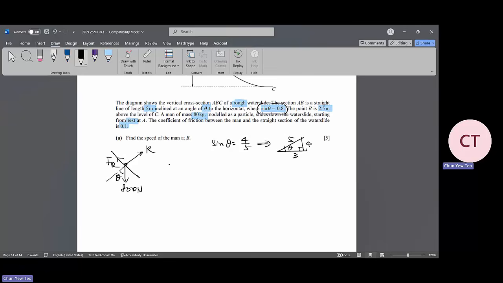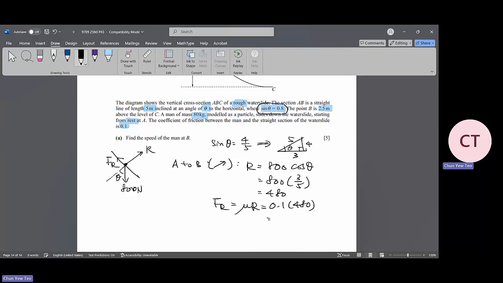So for the A to B, if you resolve the forces perpendicular to the water slide, you have R is equals to mg cos theta. That will be 800 times 3/5, that would be 480. And your frictional force, the maximum frictional force, is mu R, which is equals to 0.1 multiplied by 480, is 48.